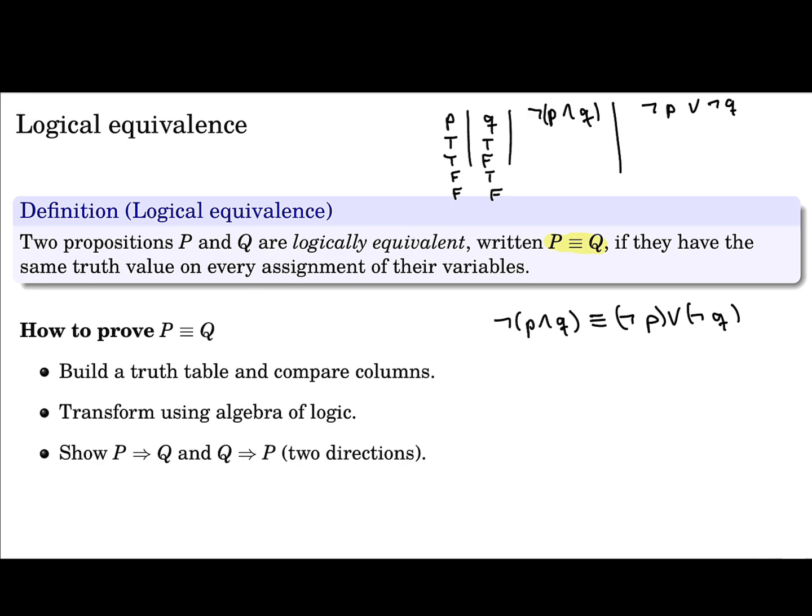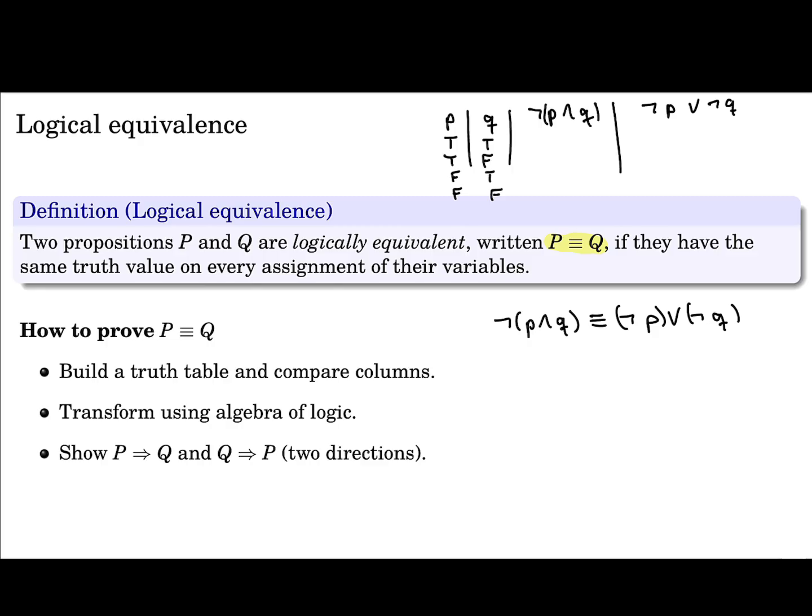Once you do that, you can show that what you get here is exactly the same as what you get here, which means that in every case, this will be equal to this. Like I said, we'll see that in a later video. But for now, this is one way of showing logical equivalence.